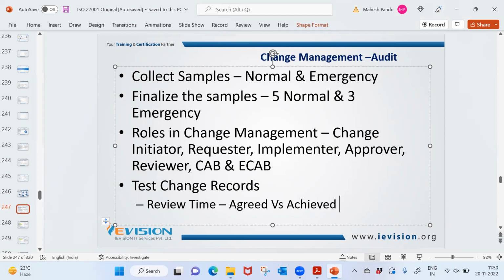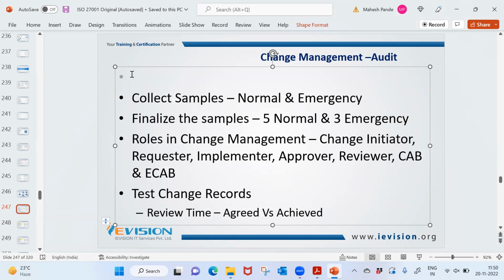I'm not getting into too many changes. For example, the total number of normal changes in a year: I have, for example, 20 changes in a week, 80 changes in a month, multiplied by 12, it is 960.